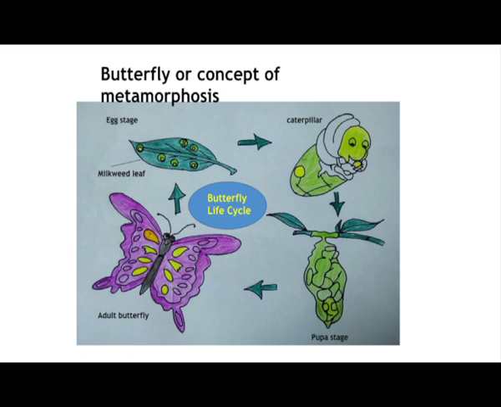And these eggs are then forming the caterpillar. These caterpillars are developing into another stage called pupa, and these pupae are developing into the adult butterfly.